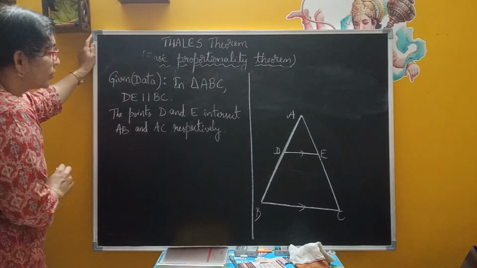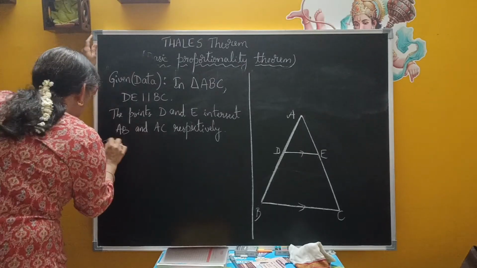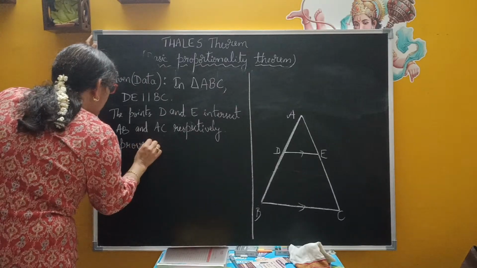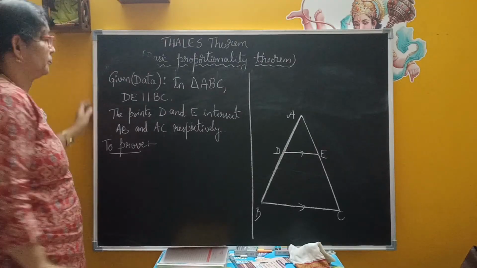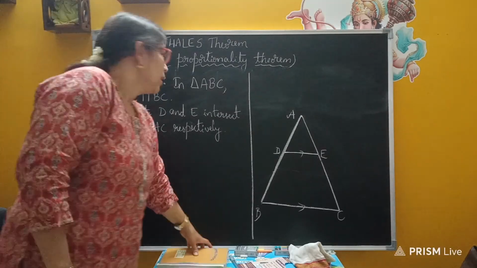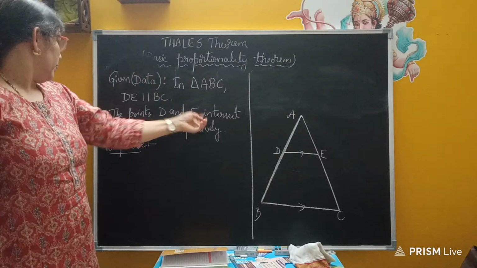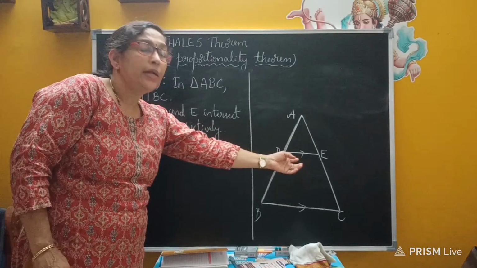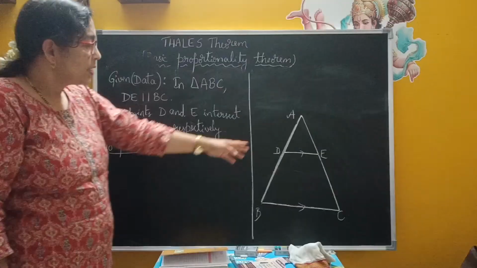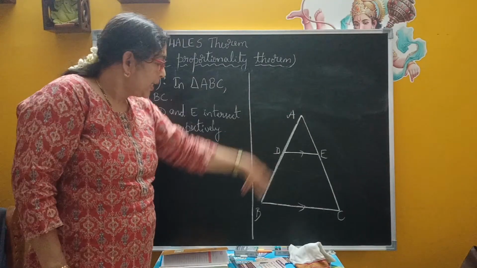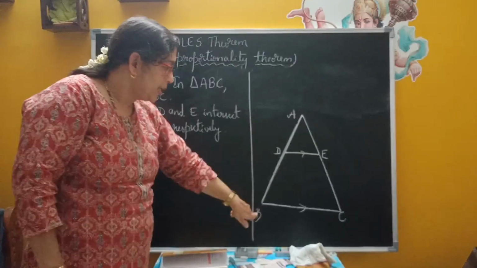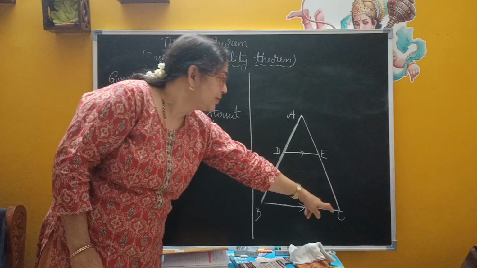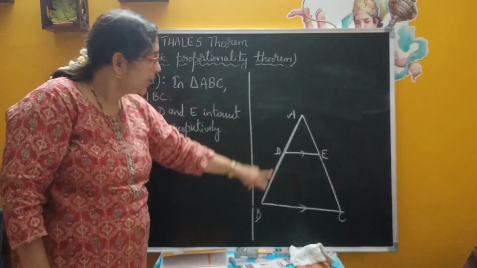Now let us write what is to be proved. The point D divides AB into the ratio AD by BD, and point E divides AC into two parts, AE and EC, and their ratio AD by BD is equal to what?